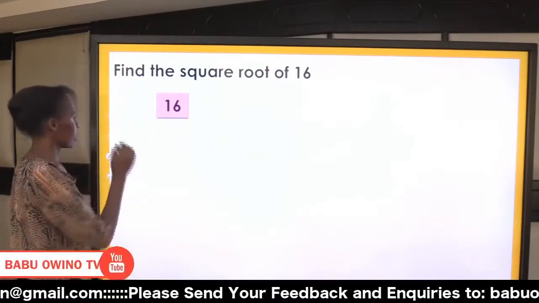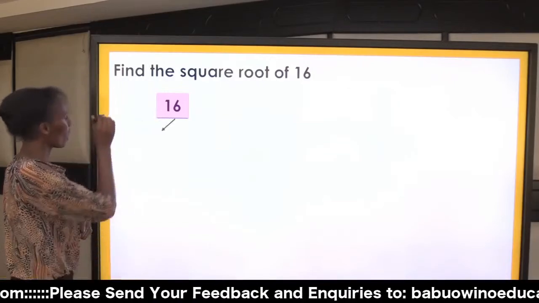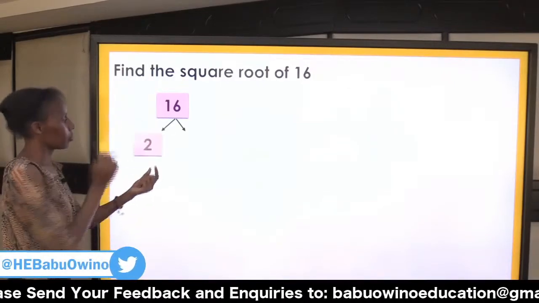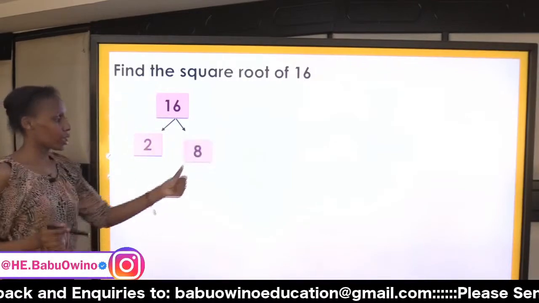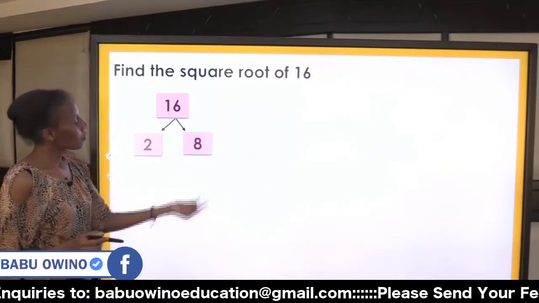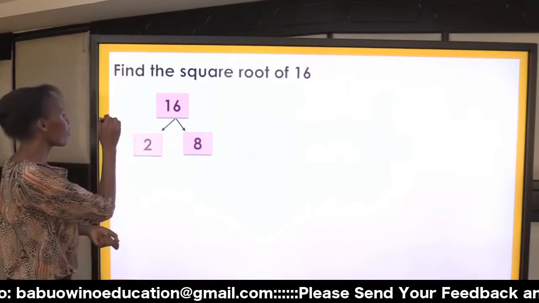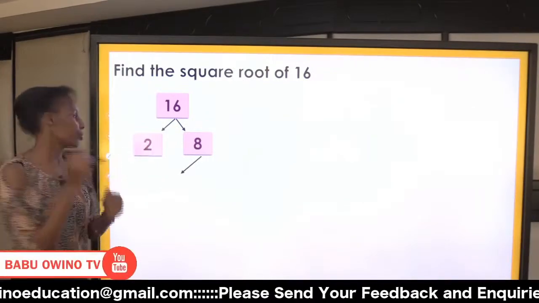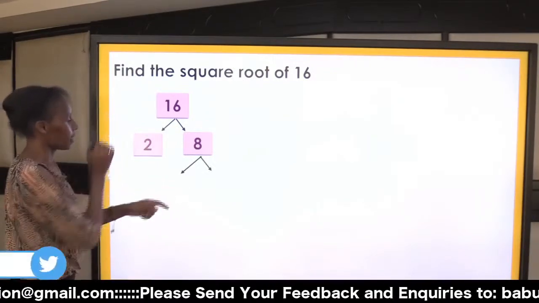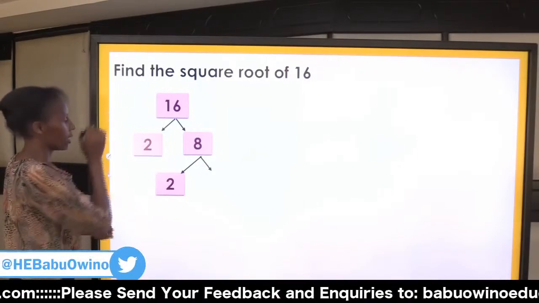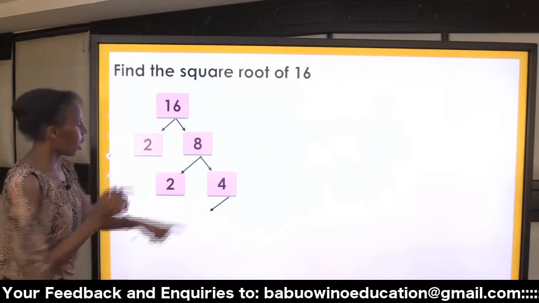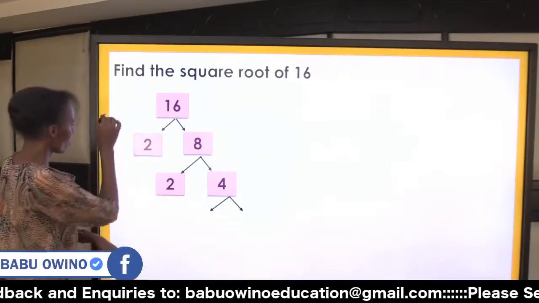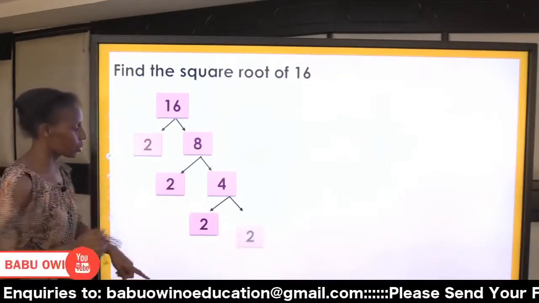So here we have our 16, and our smallest prime number here will be 2. So when I divide 16 by 2, I'm going to get 8. This 8, I have to divide it further, just like the way we look for LCM. I divide it further by 2, and I'll get 4. 4, I divide by 2, and I will get 2.